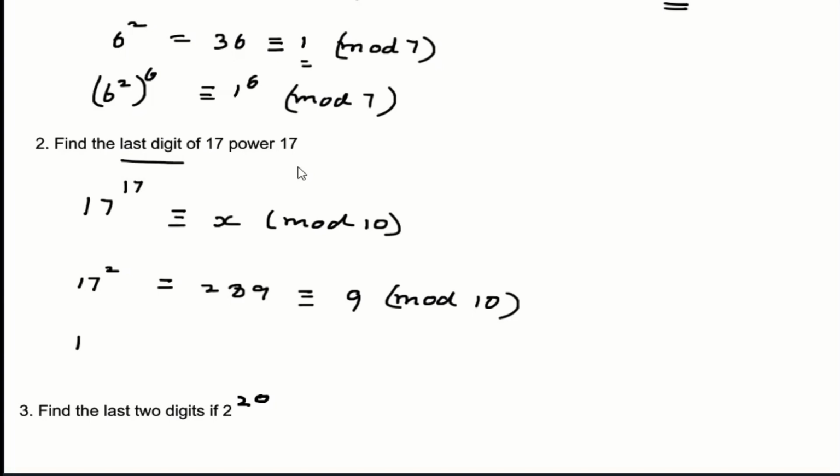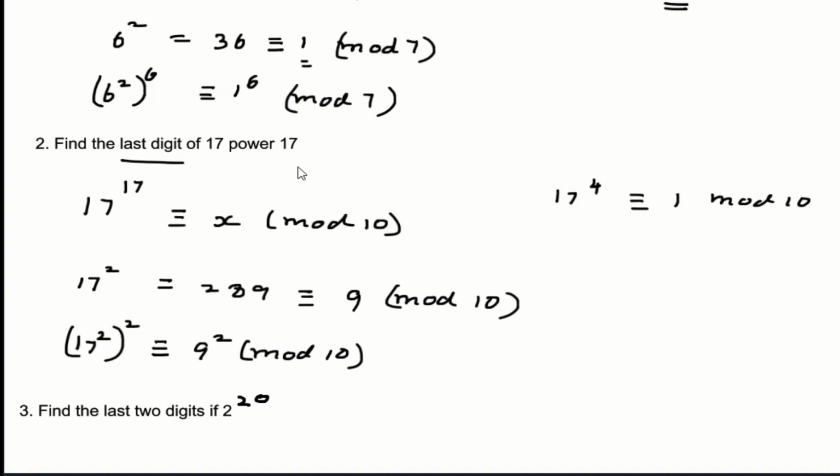So 17 squared, the whole squared, is congruent to 9 squared mod 10. Raising to the power on both sides. Now 9 squared is 81. 81 when divided by 10 gives you 1 as the remainder. So 17 power 4, since 2 twos are 4, is congruent to 1 mod 10. That is what I have arrived at.